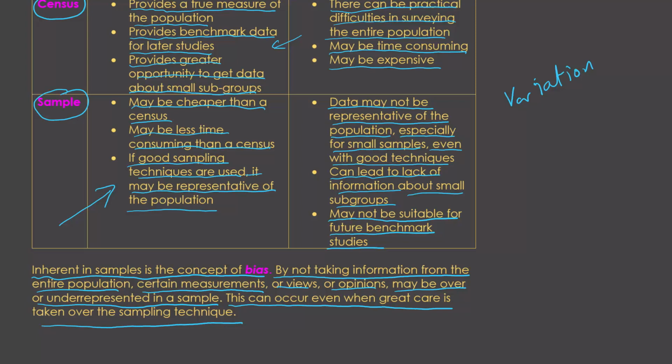An example would be, take a look around a class that you take where you've got a good number of students. And let's say you're going to survey the heights of the students in that class. And you're going to do this by taking a sample of 3 students. You could, just by picking names out of a hat, end up with the 3 tallest students. And that would give a biased view of the heights in the class in general.